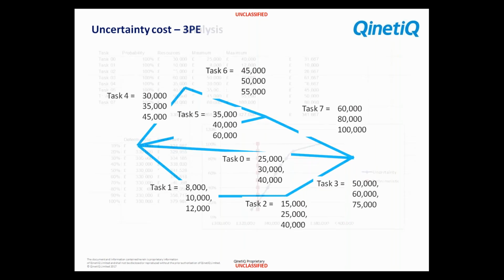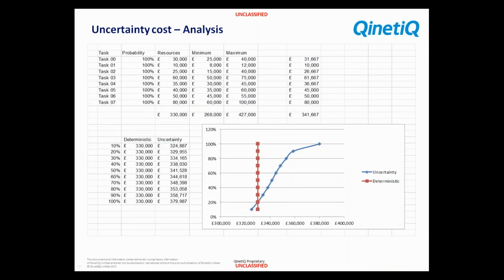So if we look at the next slide, what we're able to do here, at the top half, from the most likely, that adds up to 330, we have a minimum, we have a maximum, and we have some @Risk functions which are going to be used with Monte Carlo analysis to create an S-curve.